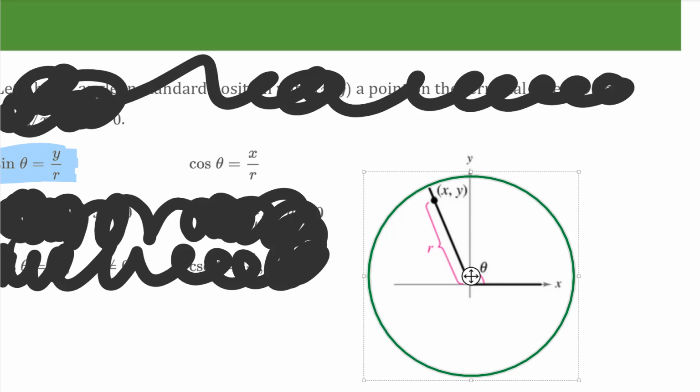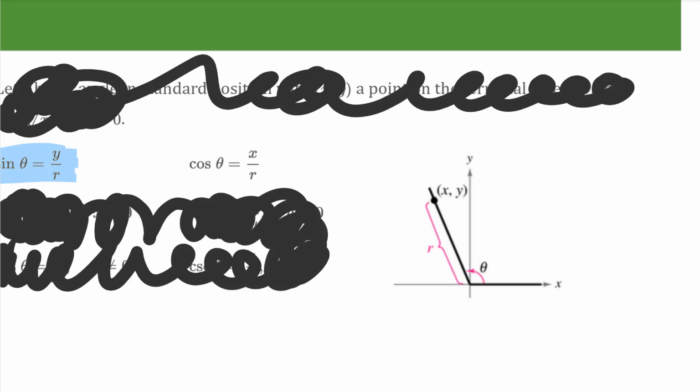This thing can spin around in a circle. No matter where we put the terminal side, it's still going to have that same length. That's how a circle works, same radius everywhere.